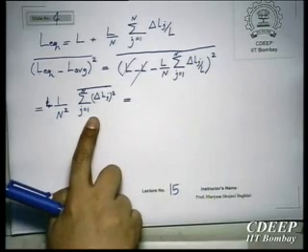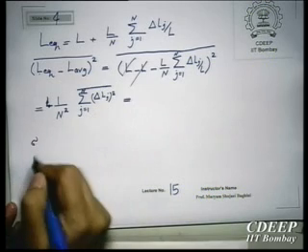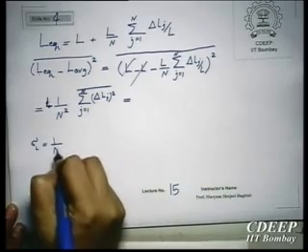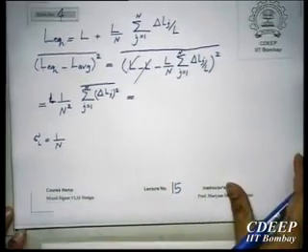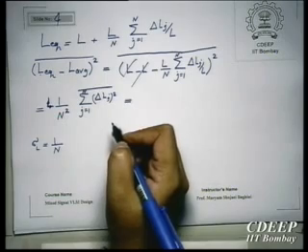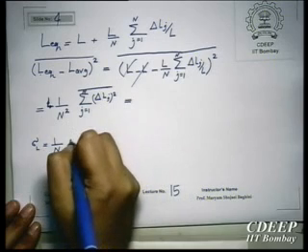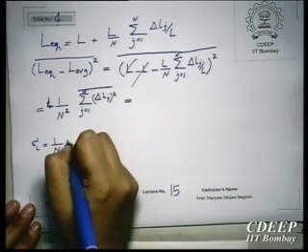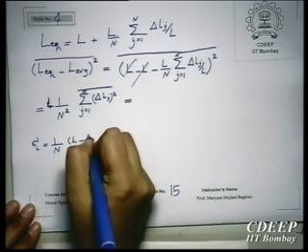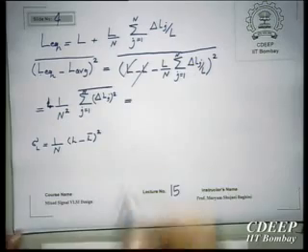Okay, and now if you look at this, this is the definition of standard deviation, right? The standard deviation of L is the average of this, when we have n samples.